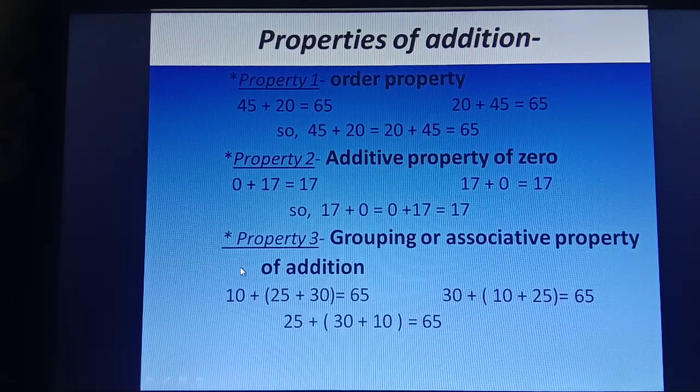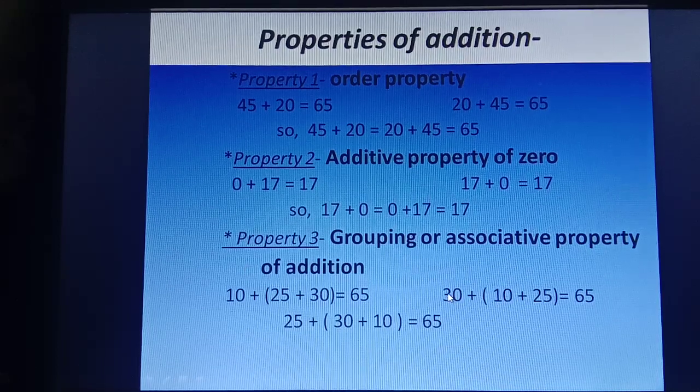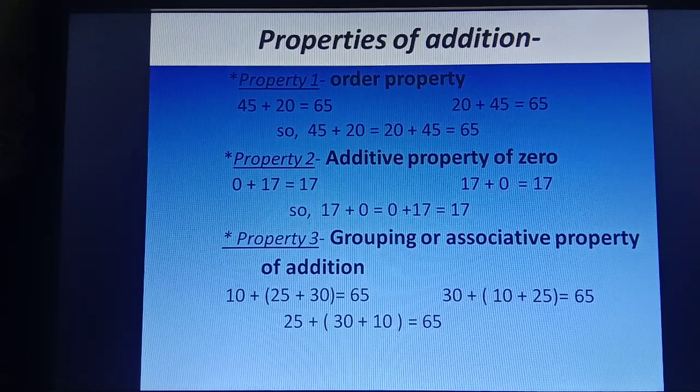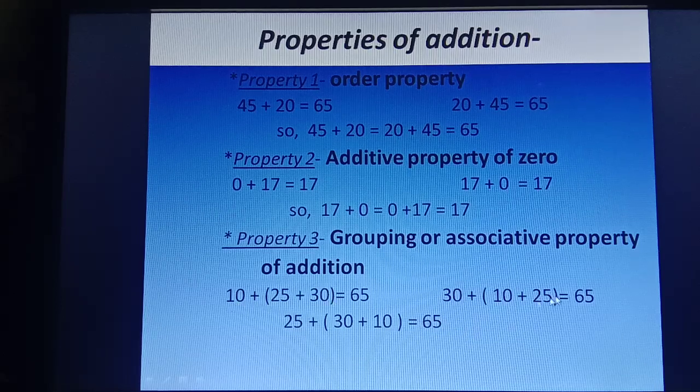Property 3 is grouping or associative property. In grouping or associative property, there are 3 numbers given, and again like the order property, if you are making a group of any 2 numbers, in any situation the answer will be the same. Just see here, 10 plus 25 plus 30 is equal to 65.